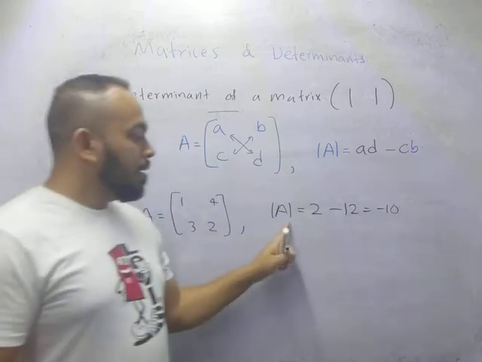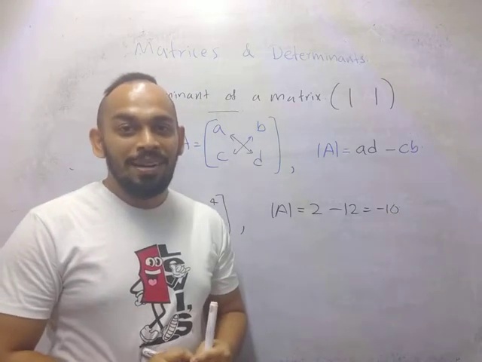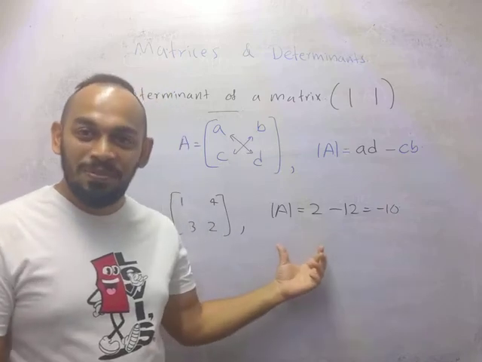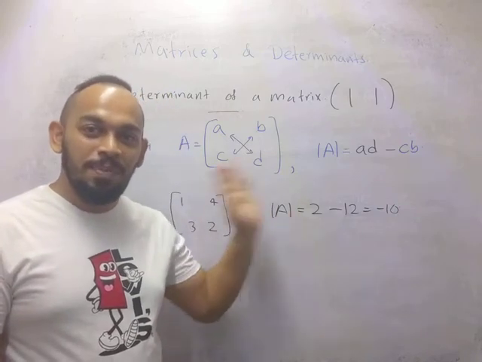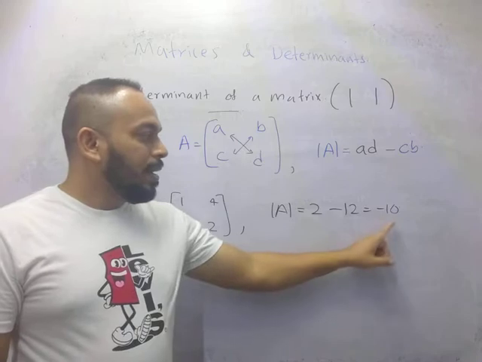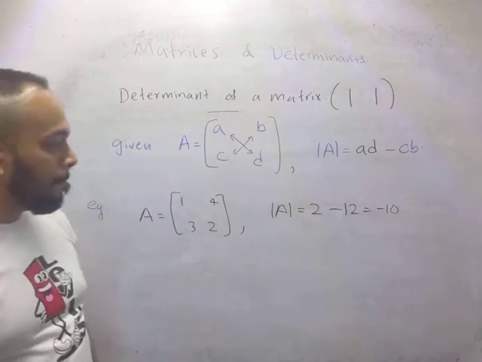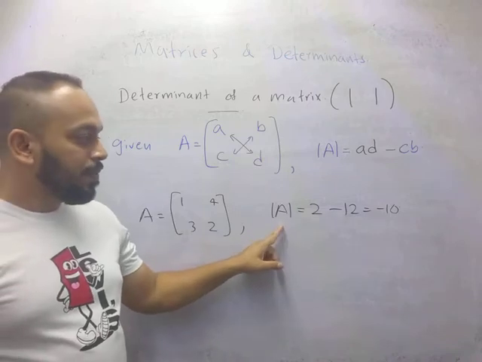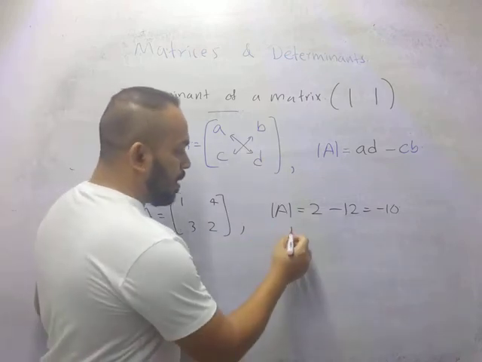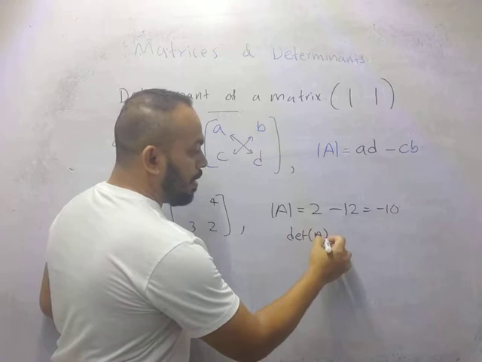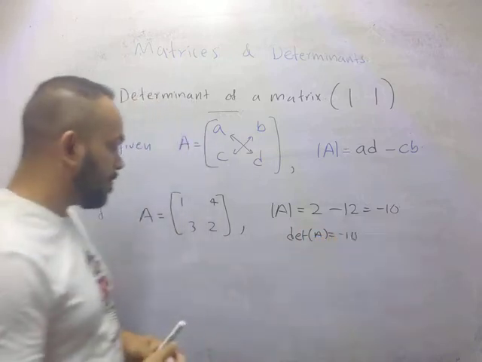Notice it looks like the absolute sign, but it's not actually the absolute value of A. It has nothing to do with absolute values. Why do I say that? You can get negative values as well. This is called the determinant, or you could write det A. Det A is also minus 10.